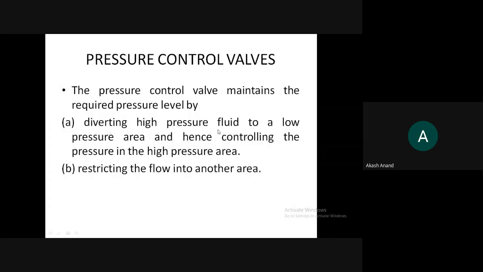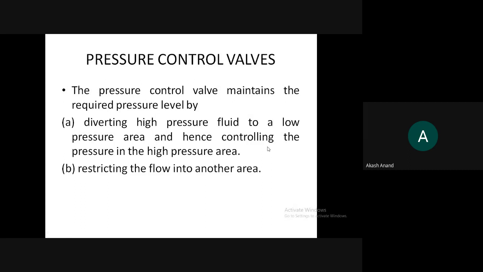Diverting the high pressure fluid into a low pressure area, and hence controlling the pressure in the high pressure area. That is, the high pressure fluid is given some space for expansion. While expanding, the high pressure will lose its magnitude. So the high pressure will change into low pressure. This is the first basic principle for the working of a pressure control valve.